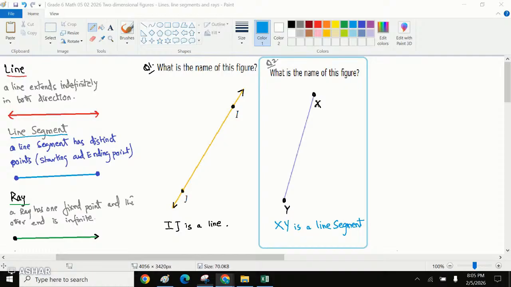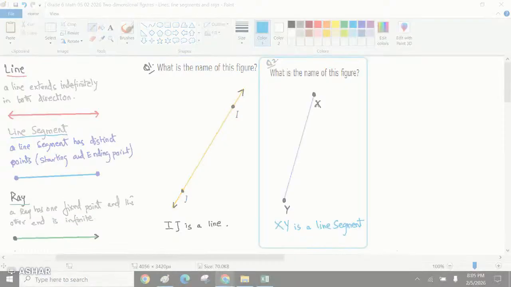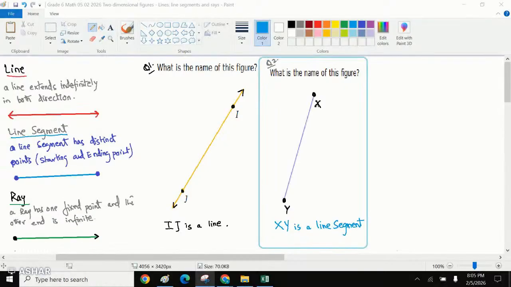For the next question, it says, what is the name of this given figure? Just a moment, please. This is our question number 3. Yes, thank you.